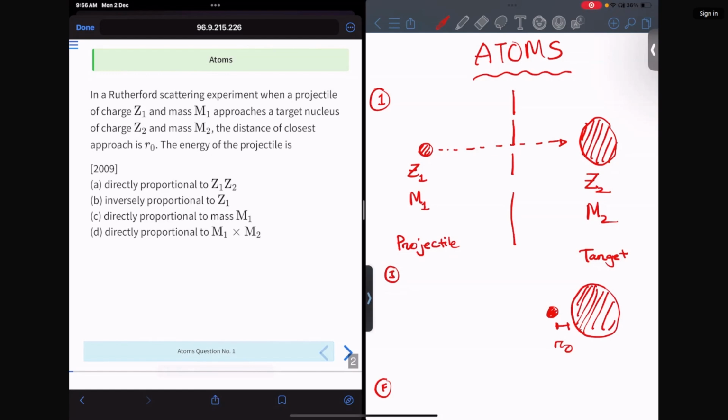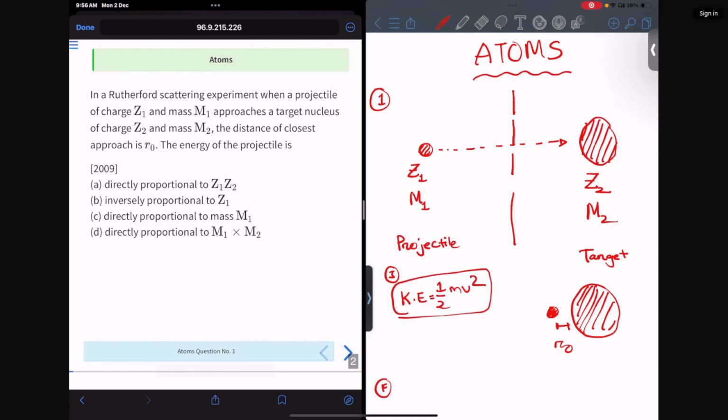So let's begin. Initially, it only had kinetic energy. How much kinetic energy did it have? Kinetic energy initially was half mv square.